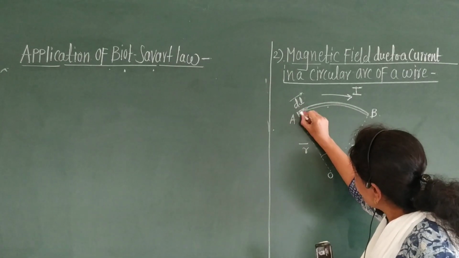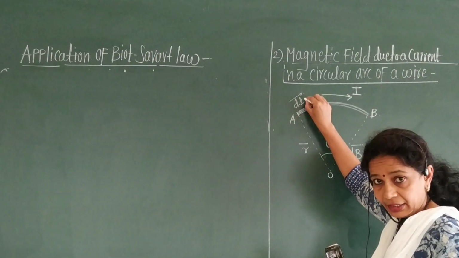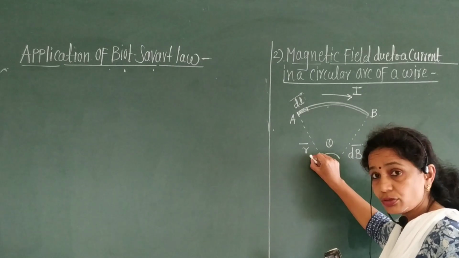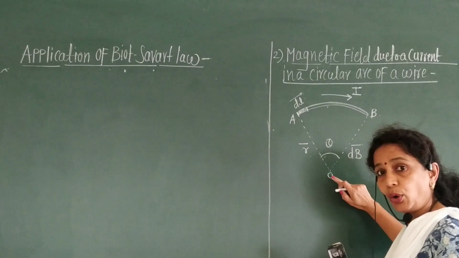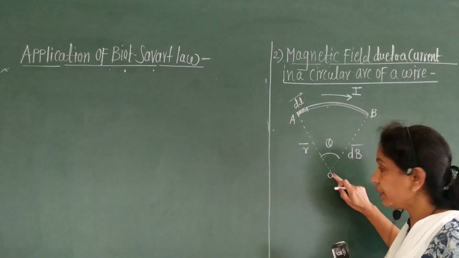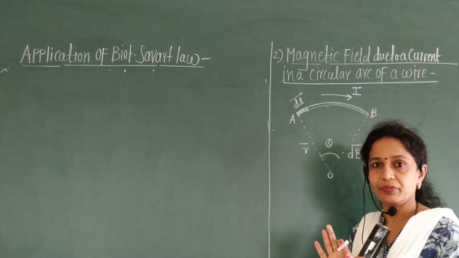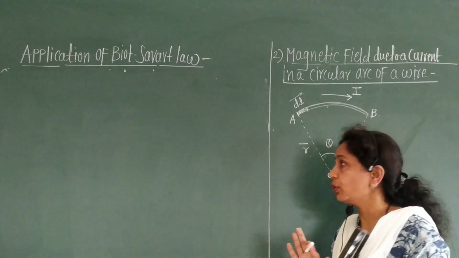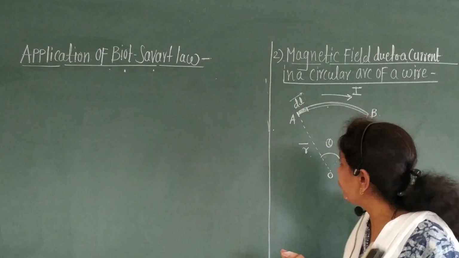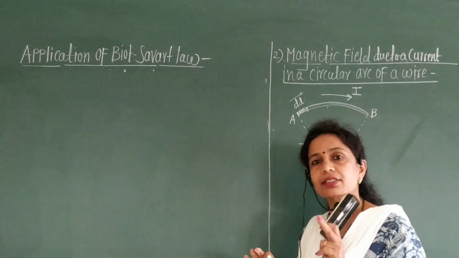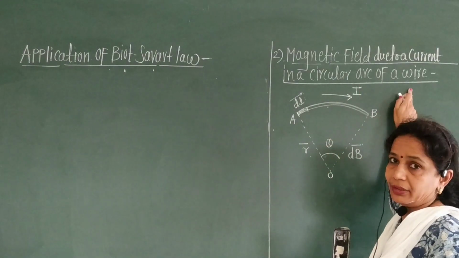Therefore, we consider a small element of that arc, dl, at a distance of r, and the value of magnetic field at point O is dB. Using the Biot-Savart law, we can find out this value of magnetic field due to a current in a circular arc of a wire.